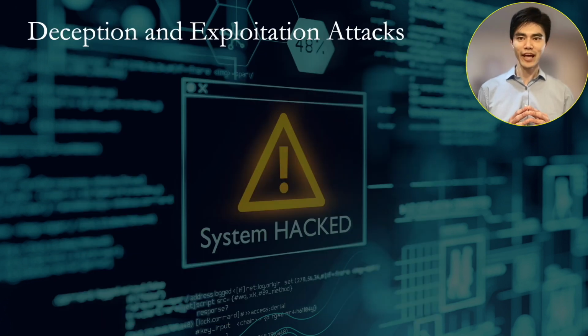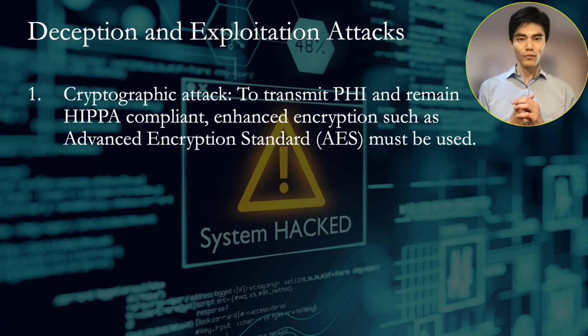Next is deception and exploitation attacks. One is the cryptographic attacks. Usually, to transmit protected health information (PHI) and to remain HIPAA compliant, enhanced encryption such as the Advanced Encryption Standard (AES) must be used. So, for example, in my hospital, we use Outlook, and that follows the AES guidelines, so it is HIPAA compliant.